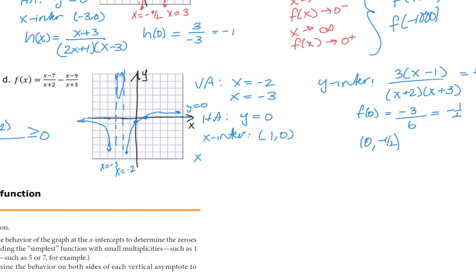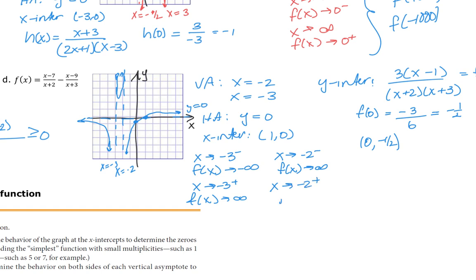So again, as x approaches -3 from the left, my function is going to -infinity. As x approaches -3 from the right, my function is going to +infinity. As x approaches -2 from the left, my function is going to +infinity. As x approaches -2 from the right, my function is going to -infinity.